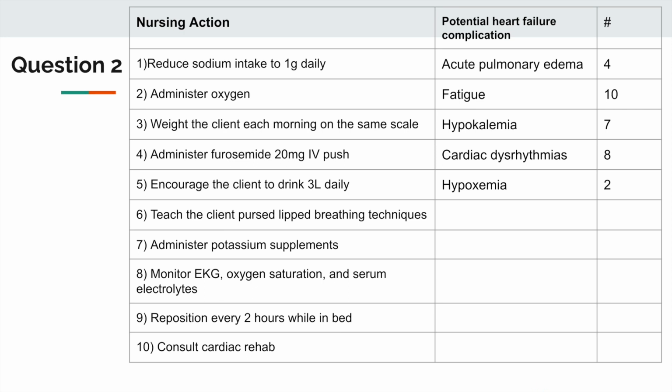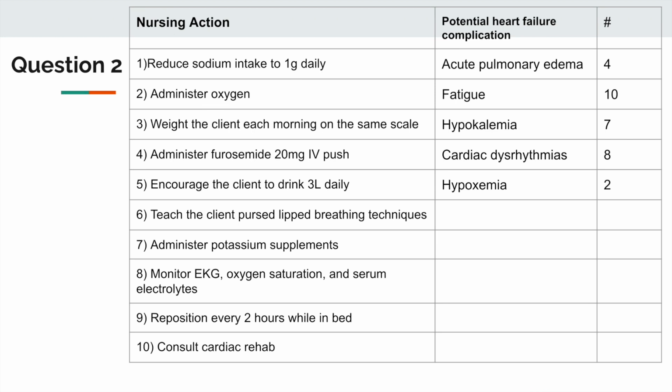So administering furosemide, which is a loop diuretic and helps to excrete water, will be your best nursing intervention for that. For fatigue, consulting cardiac rehab is the best answer. You could also say repositioning to help them be more comfortable, but consulting, especially when she's here for a cardiac issue, cardiac rehab is a good option.